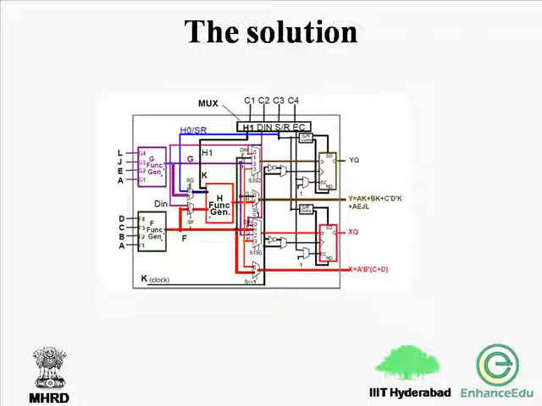It is available in the third LUT, and then AEJL is computed using this LUT, and then X is computed using this LUT, and then you are getting Y through this output port and X through this output port. So in both cases we required an unbuffered output, so we didn't go through the D flip-flops. We have directly taken the output without going through the D flip-flop.